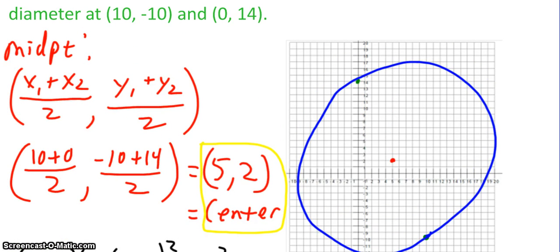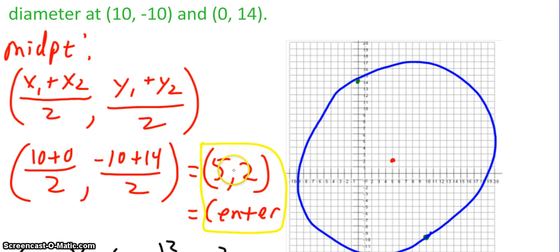So if you're confused on how we got that, well, first I used the midpoint formula to find the center. If I know the endpoints of the diameter, I know that the center is halfway in between. The midpoint formula: average the x values, so (x1 + x2)/2, and average the y values, (y1 + y2)/2.